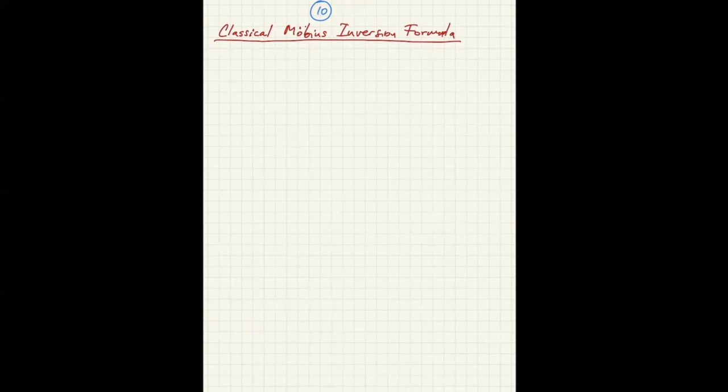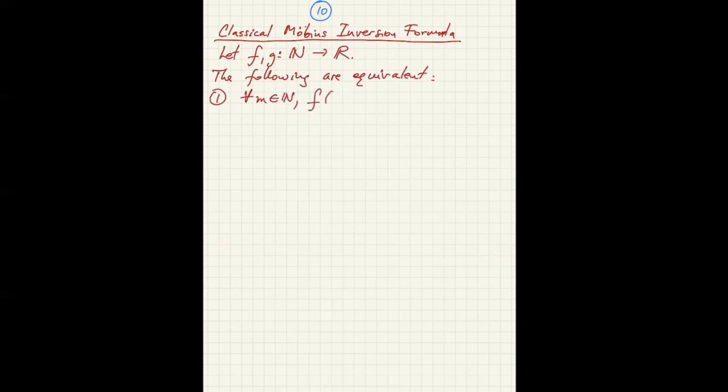For now, let me write down the classical Mobius inversion formula. Let f and g be two functions from natural numbers to real numbers. The following are equivalent. One is that for any natural number, let's say m, f of m is a sum over all divisors d of m of g of d.